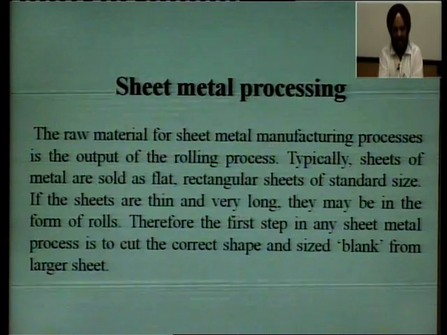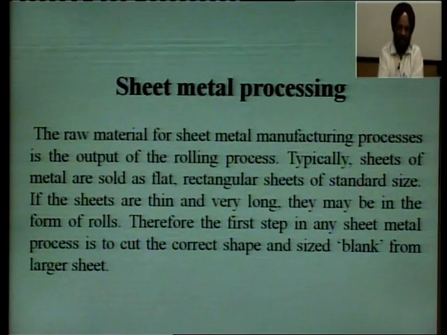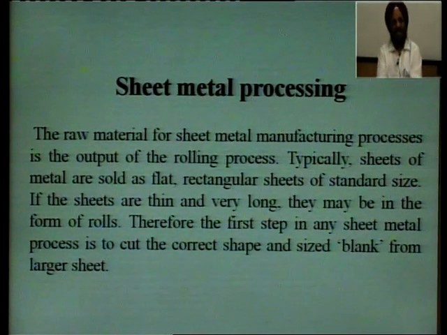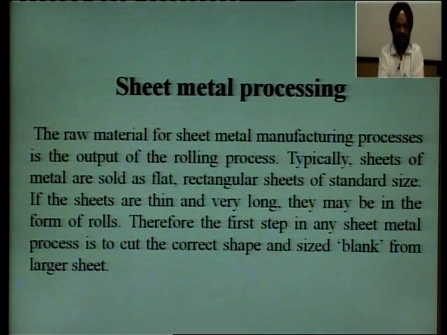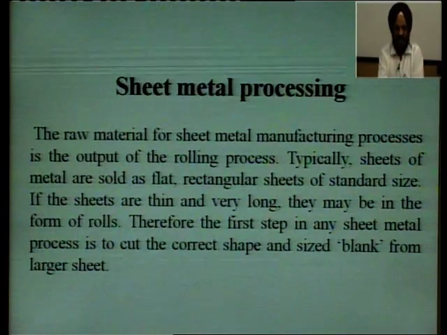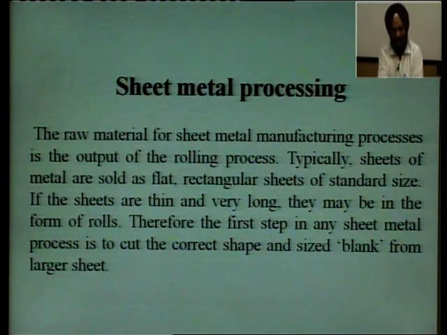If the sheets are thin and very long, they may be in the form of rolls. You must have seen sheets rolled into rolls, because when they are produced in the rolling mills, they are produced in long sheets and they are rolled for transportation purposes, because you can easily take them on a vehicle like trucks, or railways.